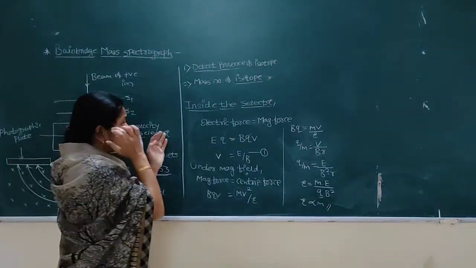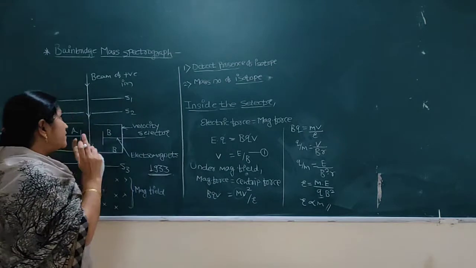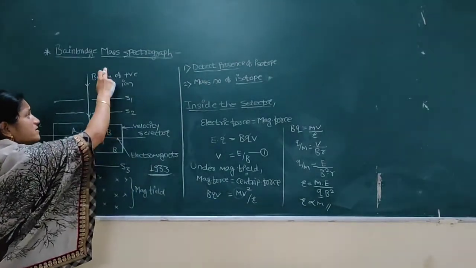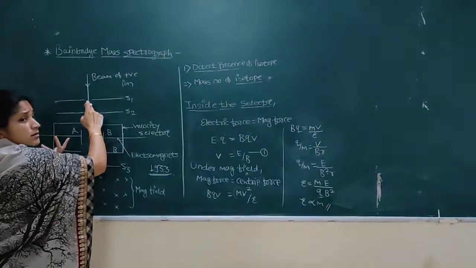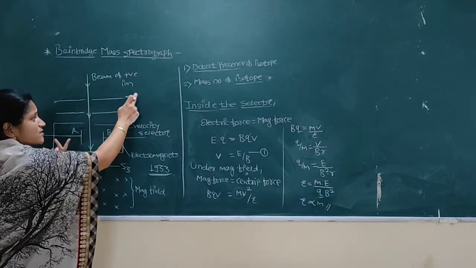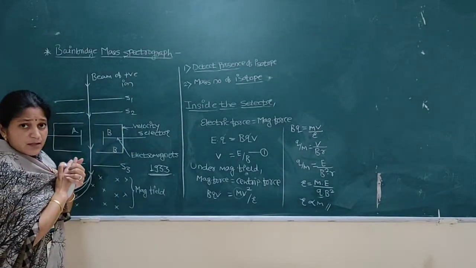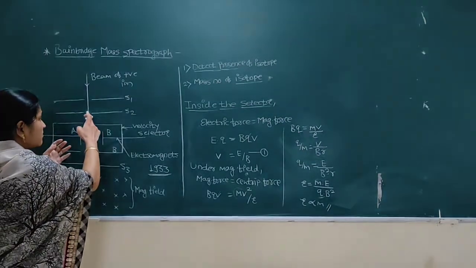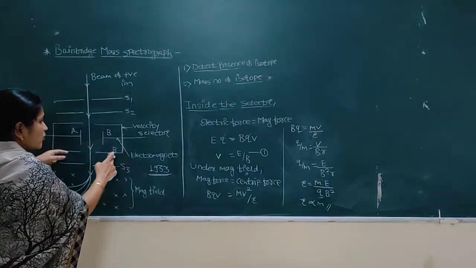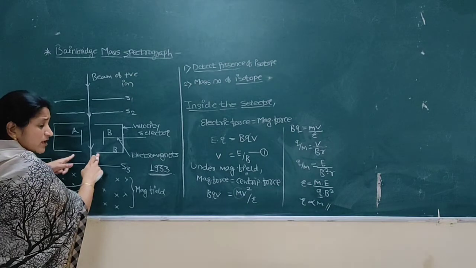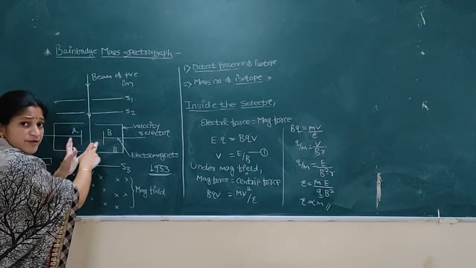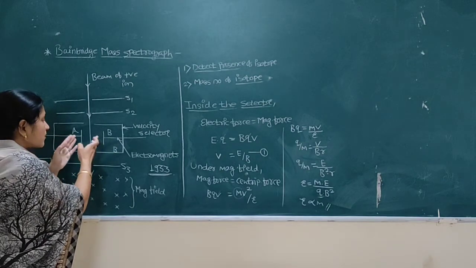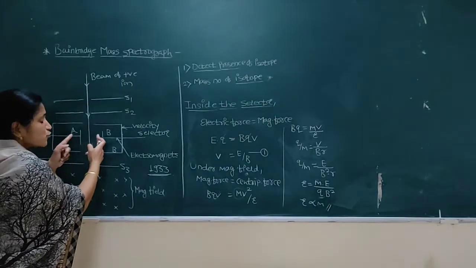Now consider a beam of positive ions, collimated, or we can say passed through the two slits S1 and S2. After that, the beam enters into the velocity selector in which an electric field is there, and that can be produced by providing a suitable potential difference between these two plates.